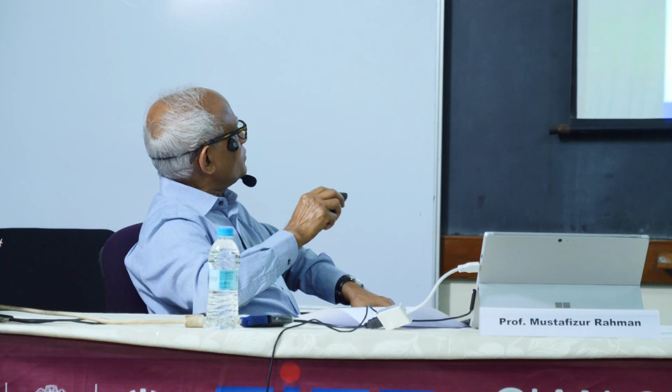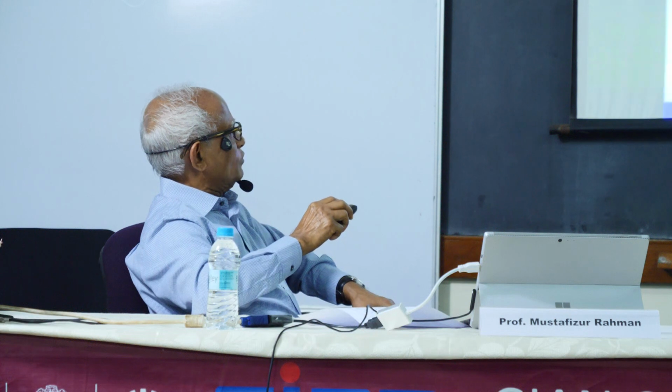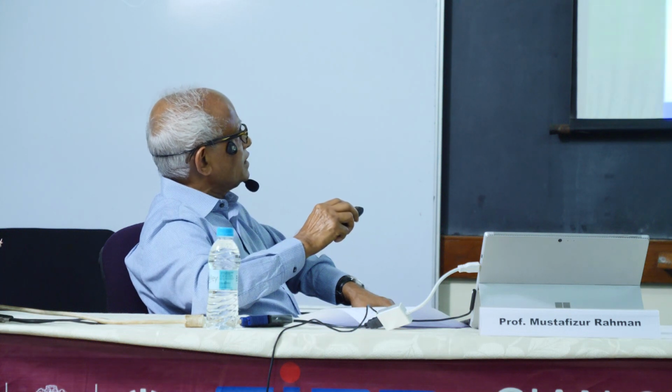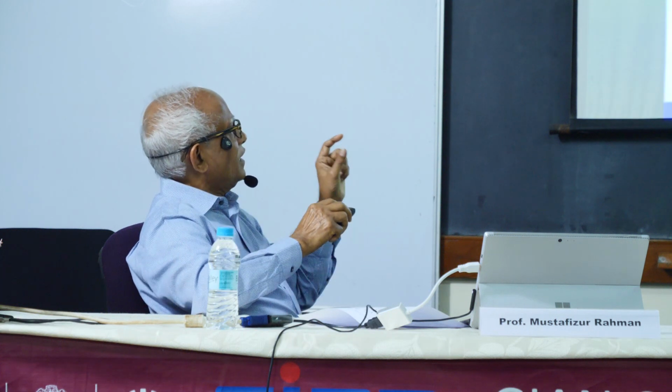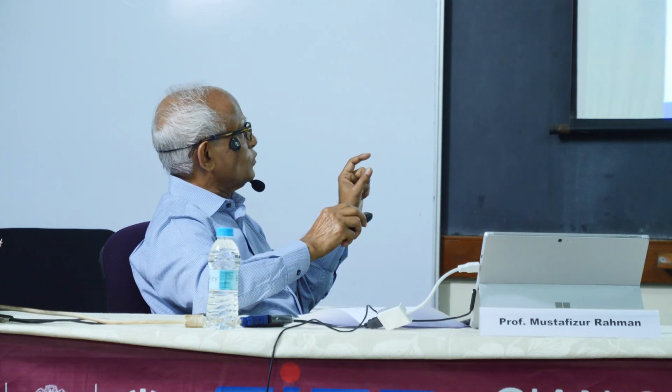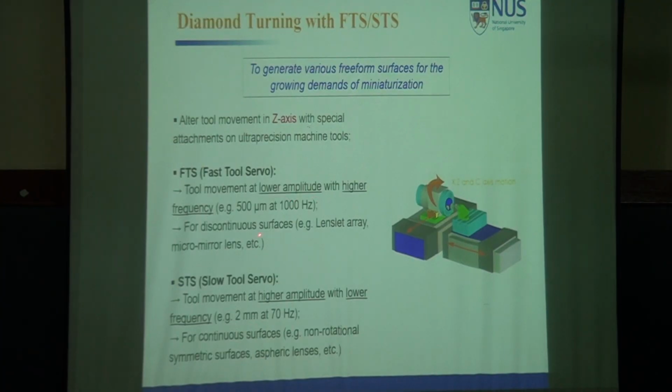This is done by a special attachment on the z-axis. In fast tool servo, the tool movement has lower amplitude, please remember, and higher frequency, 500 to 1000. Again, it's not ultrasonic vibration, 20,000, 30,000. Usually in fast tool servo, amplitude is small, but frequency is about 1000 hertz.